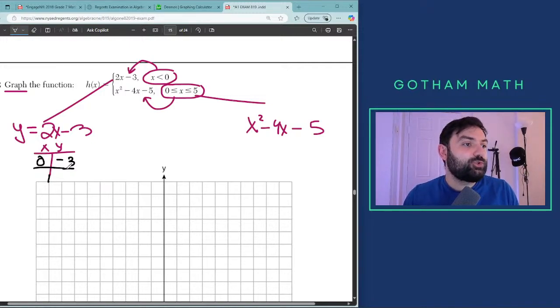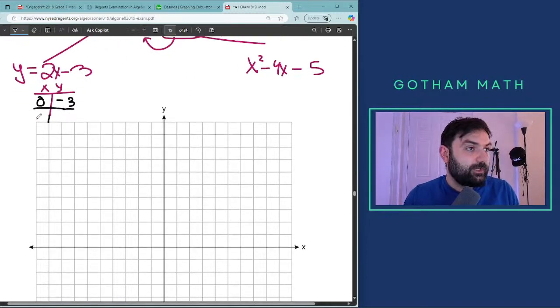And then I want you to plot it right away. Why do I want you to plot it right away? Because you won't forget that when you're plotting it, you're going to have to use an empty circle, because this inequality sign calls for an empty circle. Okay, so 0, negative 3 over here is going to be an empty circle.